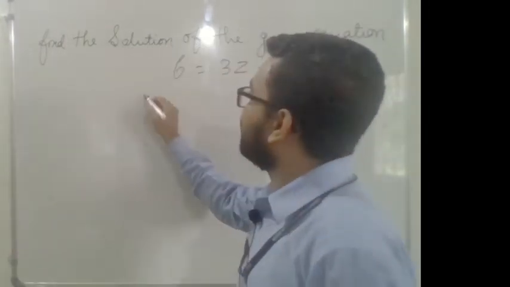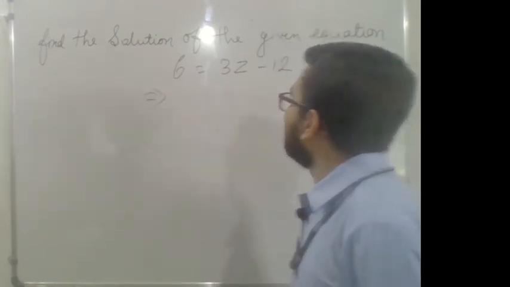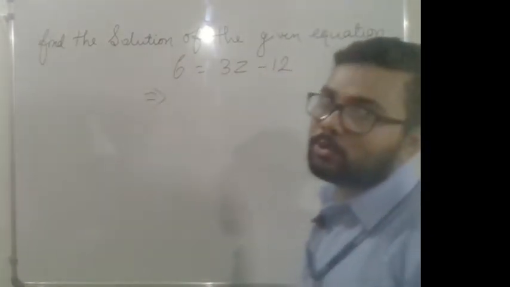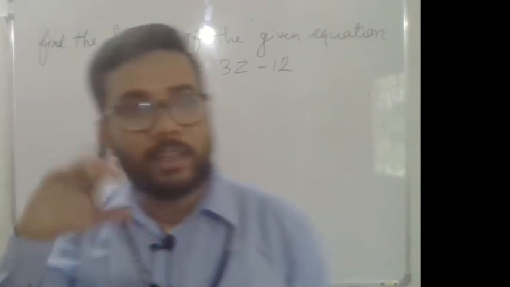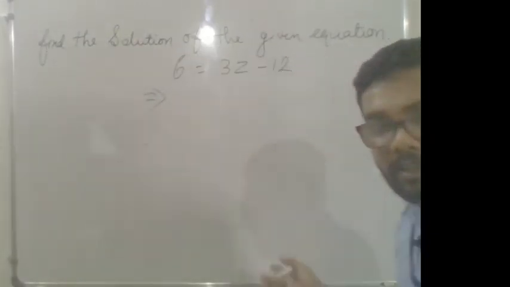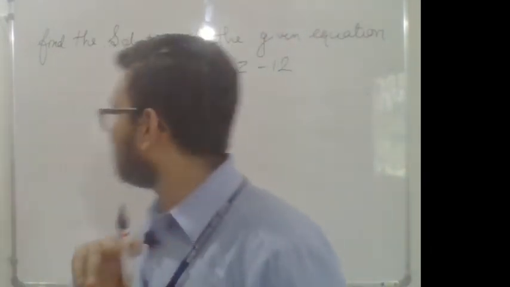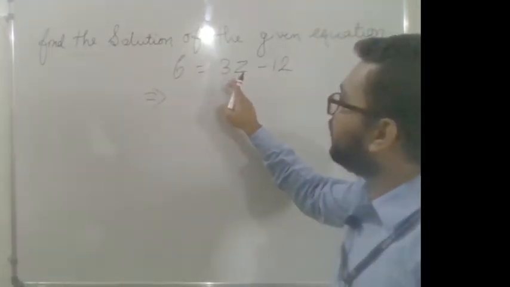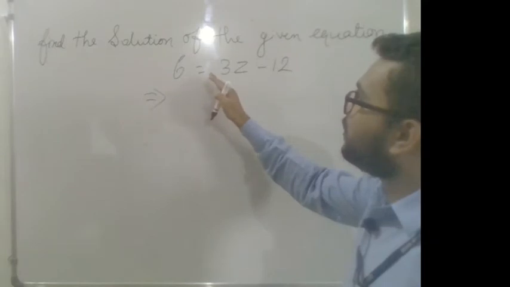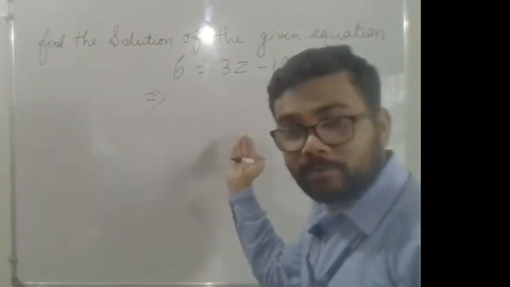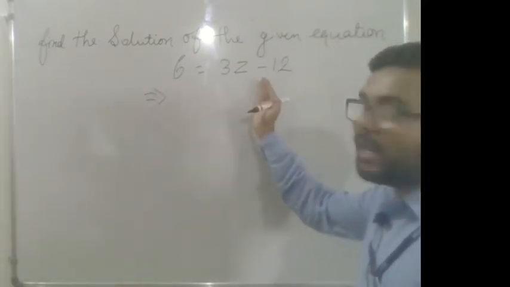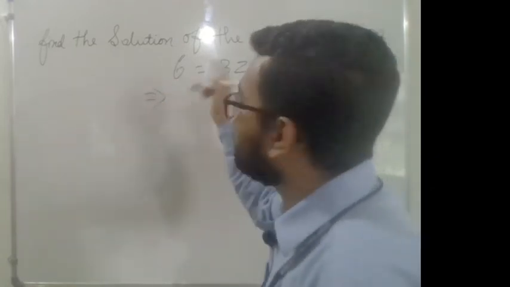Now when you transpose a variable to one side and a constant to the other side, the sign of the term changes. So here 3z is written on the right side of the equation. You have to put it on the left side, and the sign will change.